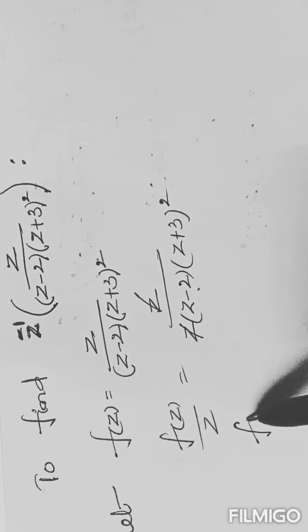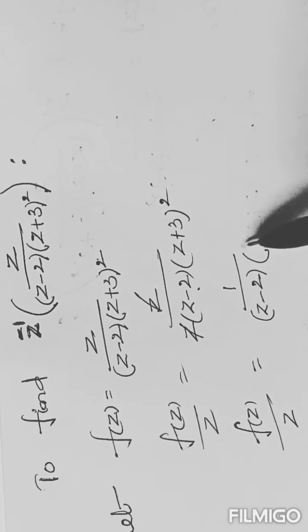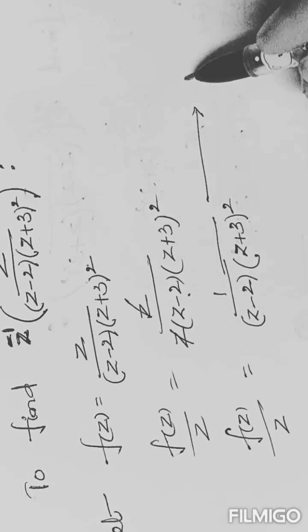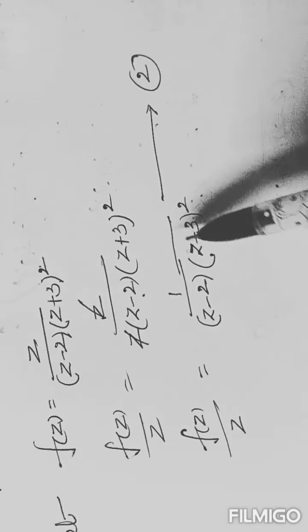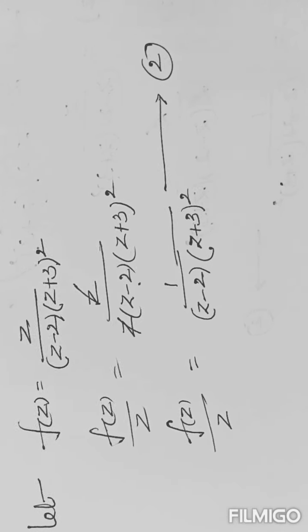Simplification: F(z) by z equals 1 by z minus 2 into z plus 3 whole square. To write the corresponding formulas of Z transform, we need only a single factor in each and every denominator. So here we have to find the partial fractions of this one only. Take its name as equation 2 and take out this one separately, find its partial fraction.